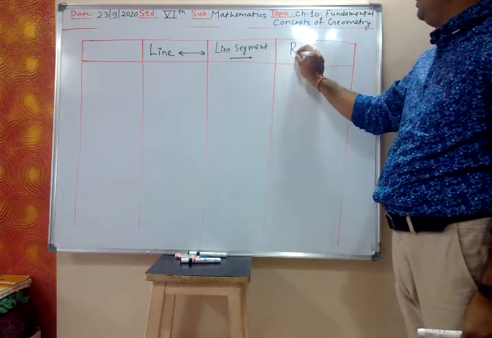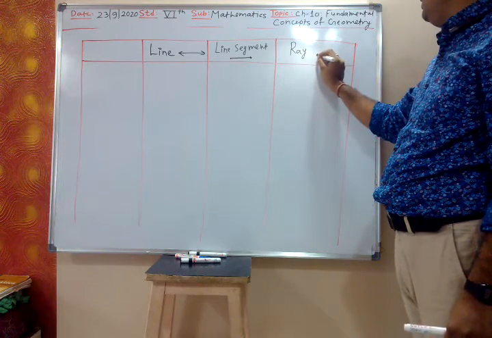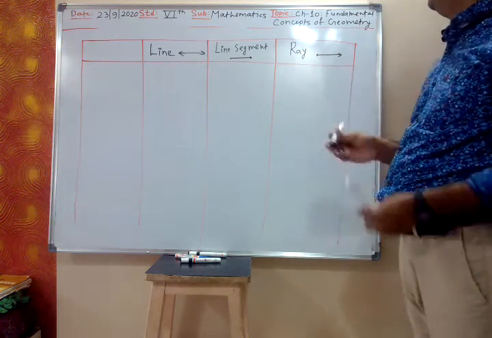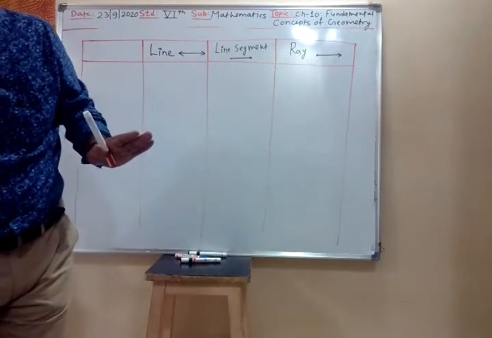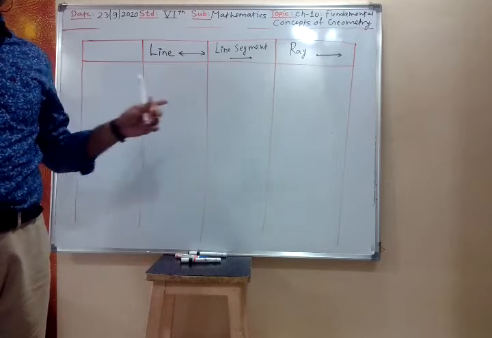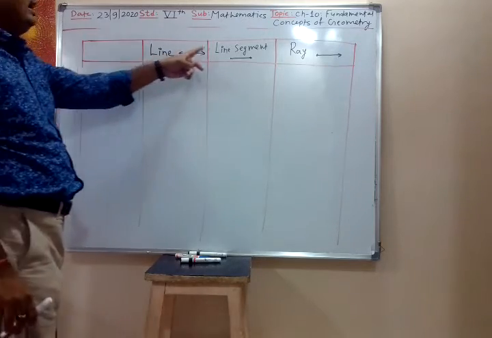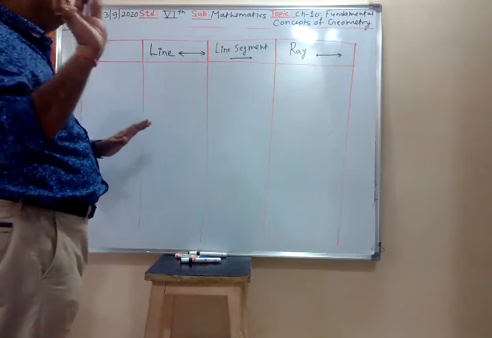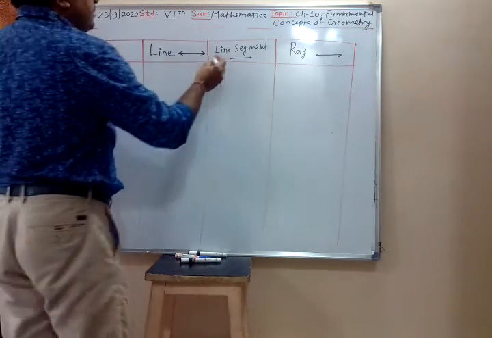Then we write ray. Wait. First you draw this. First draw the table: line, line segment, ray. Do not discuss.